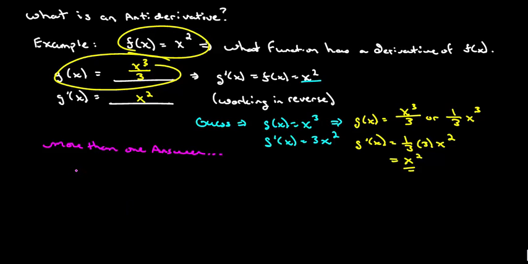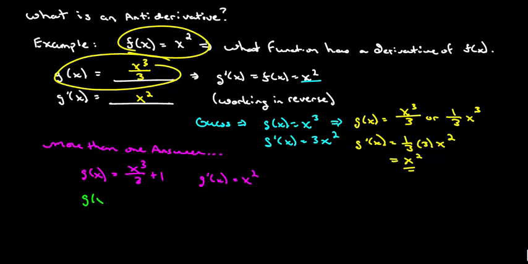For example, what if I let g of x be equal to x to the third over 3 plus 1? Now if you differentiate both sides, the derivative of this we already know is x squared, and the derivative of this is 0. So this is also an antiderivative.